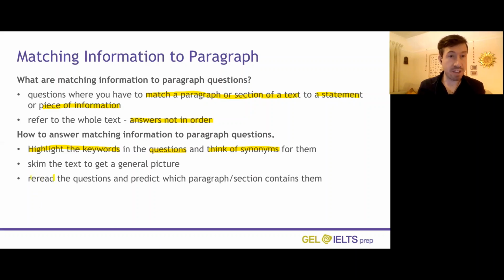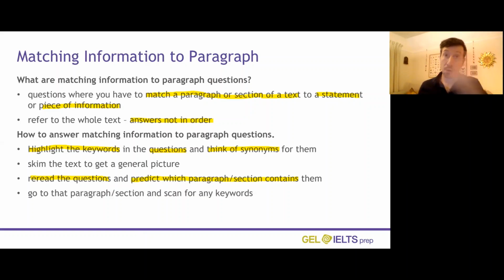Then you reread the questions again. So you look back at the questions and try to guess which paragraph the sections are contained in, okay? So you'll look back at the questions, you go, yeah, I think this one is in paragraph E. I think this one is probably in paragraph F. So after that, you go to that paragraph or section and scan for the keywords.